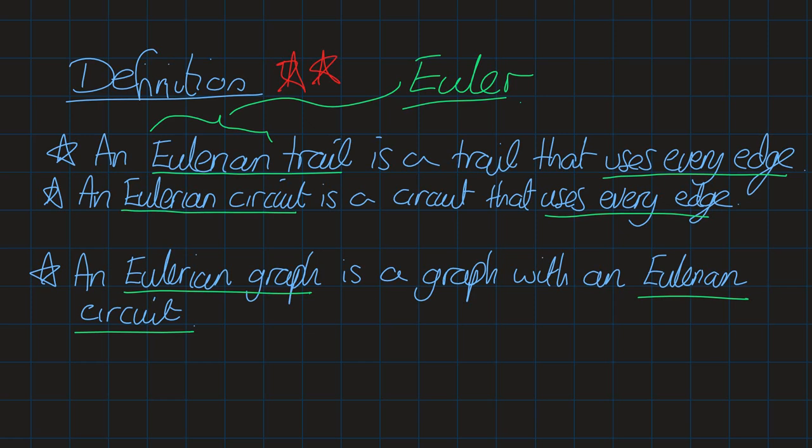This last part is perhaps where people forget this definition. Eulerian graph means Eulerian circuit. So a graph is Eulerian if it has an Eulerian circuit. And not every graph has an Eulerian circuit. There are some graphs that just don't, as we'll see soon.